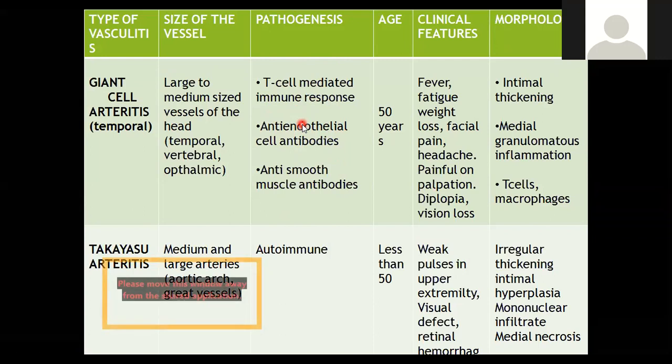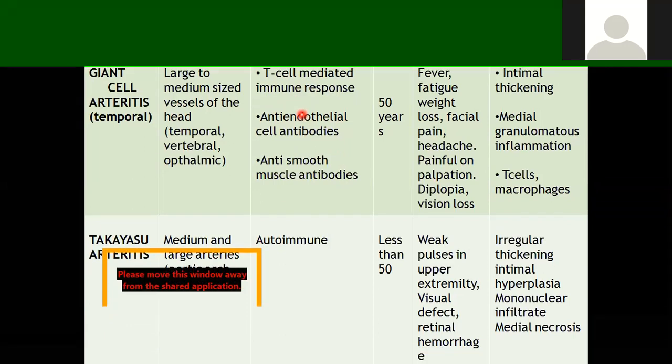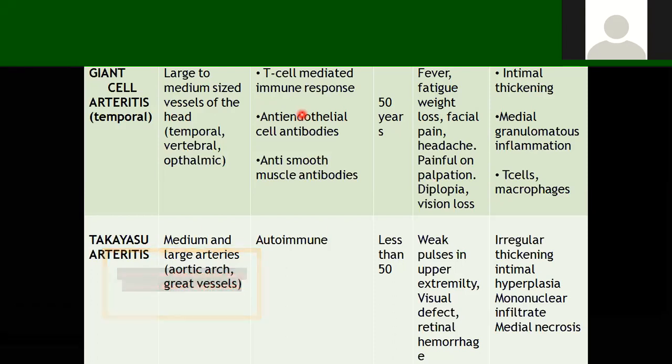As I told you about symptoms, the typical symptom is headache. Headache, number one. Number two, polymyalgia rheumatica, that is systemic symptoms: fever, fatigue, joint pain, right? And then, jaw claudication, that is painful mastication, right?